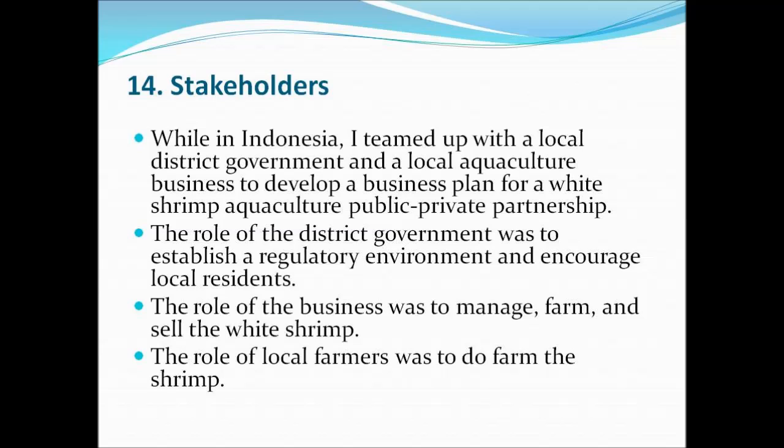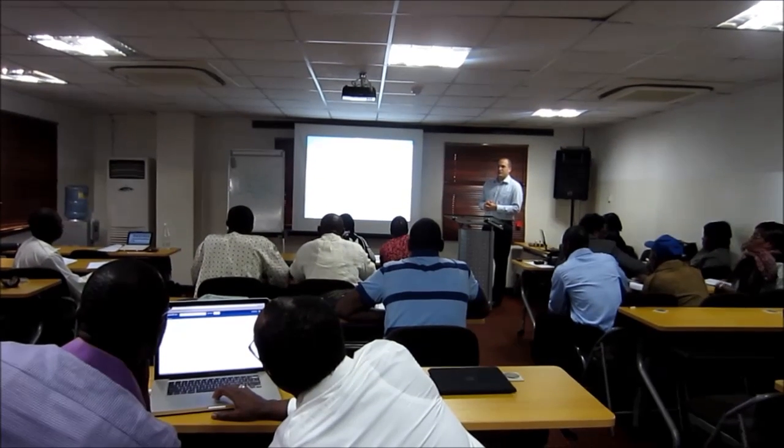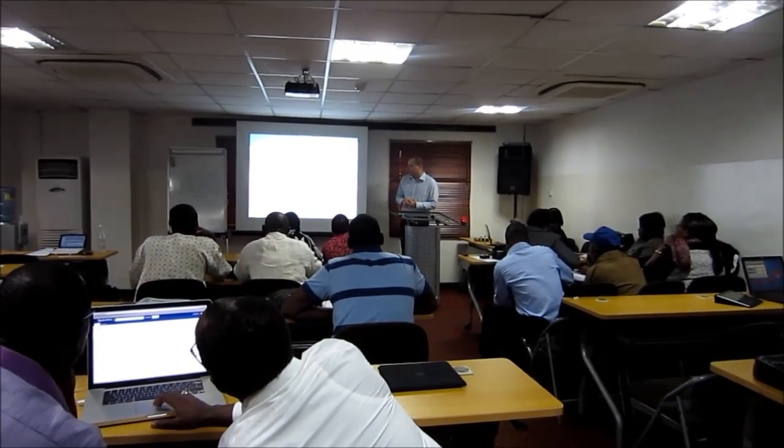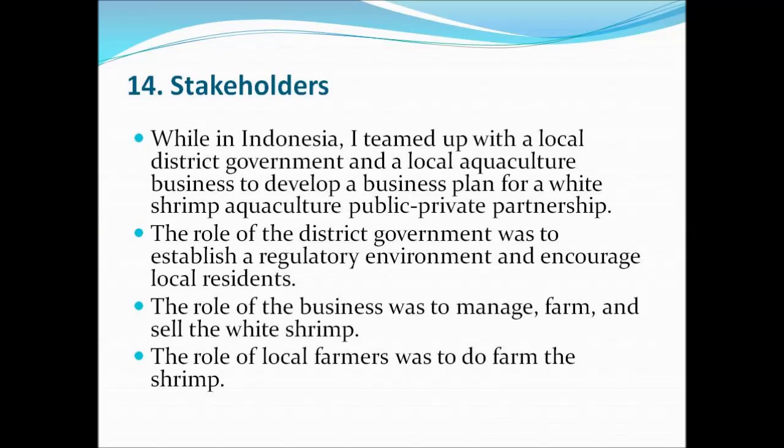The role of the business was to manage, farm, and sell the white shrimp. So the business was pretty much in charge of a lot of the activities on the ground, and the district government was also very important to create an enabling environment for us. And then obviously the local farmers, they were the ones farming the shrimp.